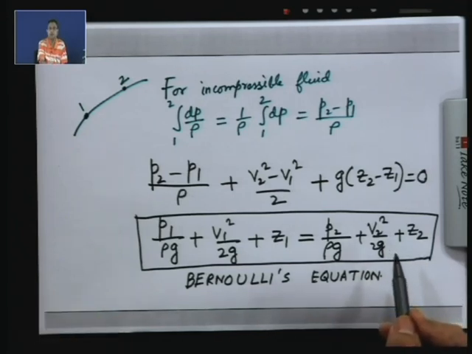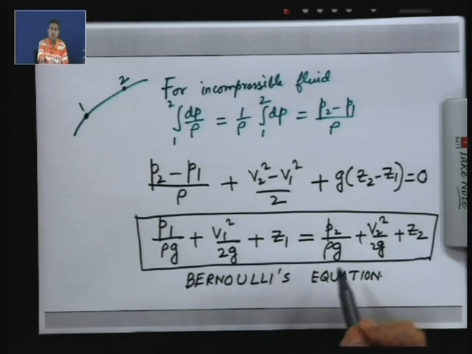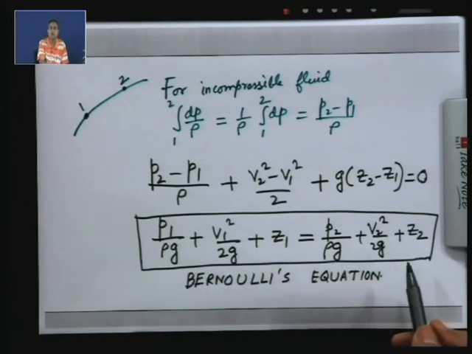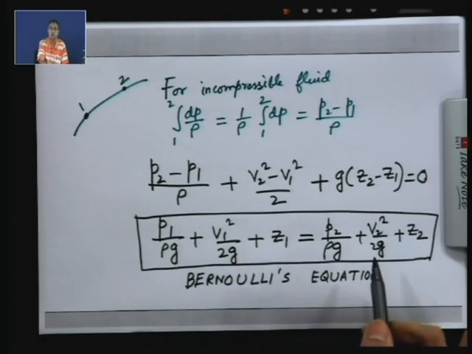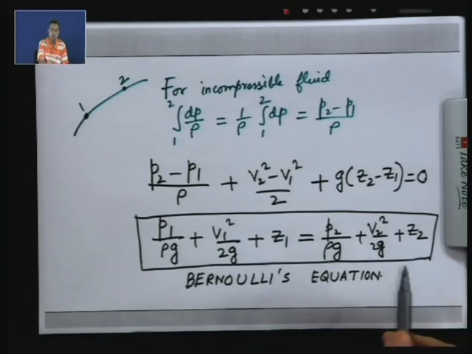Remember the three cases, first is dl along a streamline, so that is the case that we have considered, but even if dl is not along a streamline, it will work, that points 1 and 2 can be any 2 points in the flow field provided that the flow is irrotational. If the flow is not irrotational, then that will not be true.